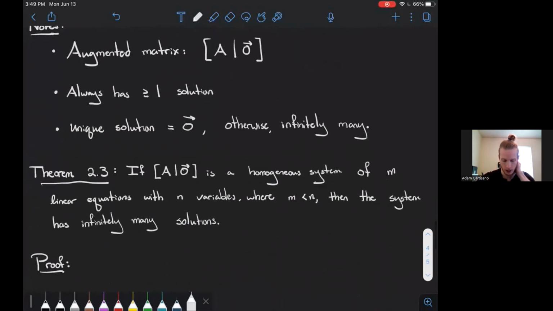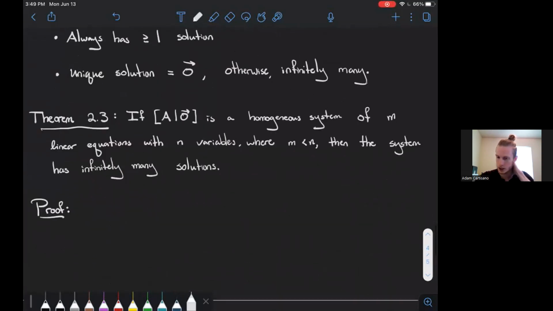Okay, so we do have a theorem to end on. This is a consequence of the rank theorem. It says if A augmented with 0 is a homogeneous system of m linear equations with n variables, where m is less than n, then the system will have infinitely many solutions. So what is this saying? We have fewer linear equations than we have variables.